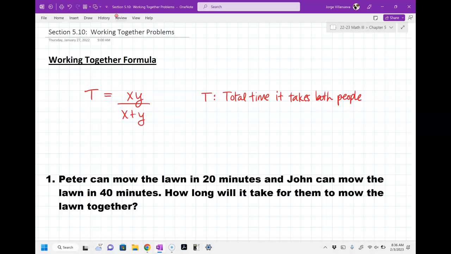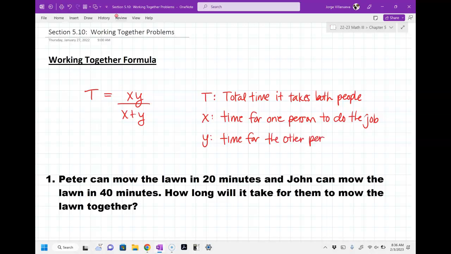So X is the time for one person to do the job, and Y is the time for the other person to do the job.